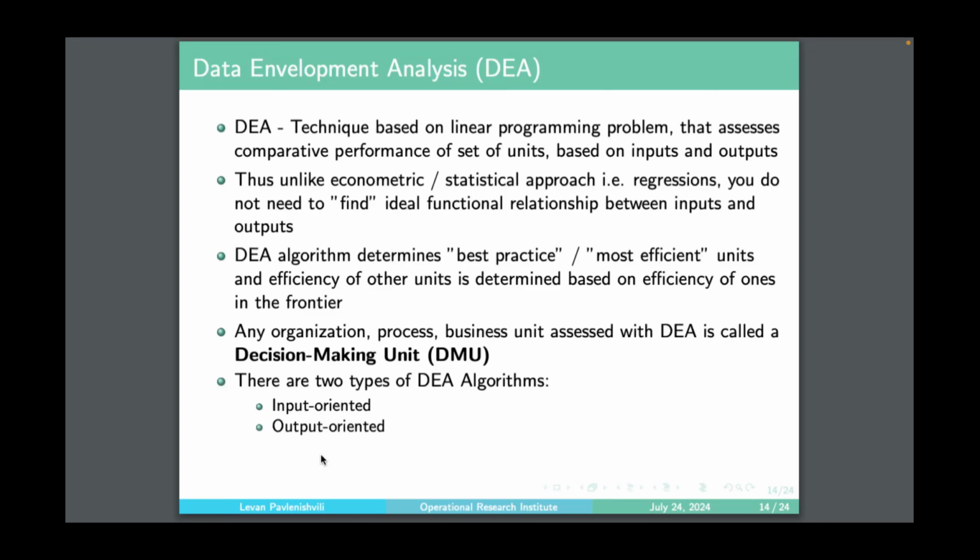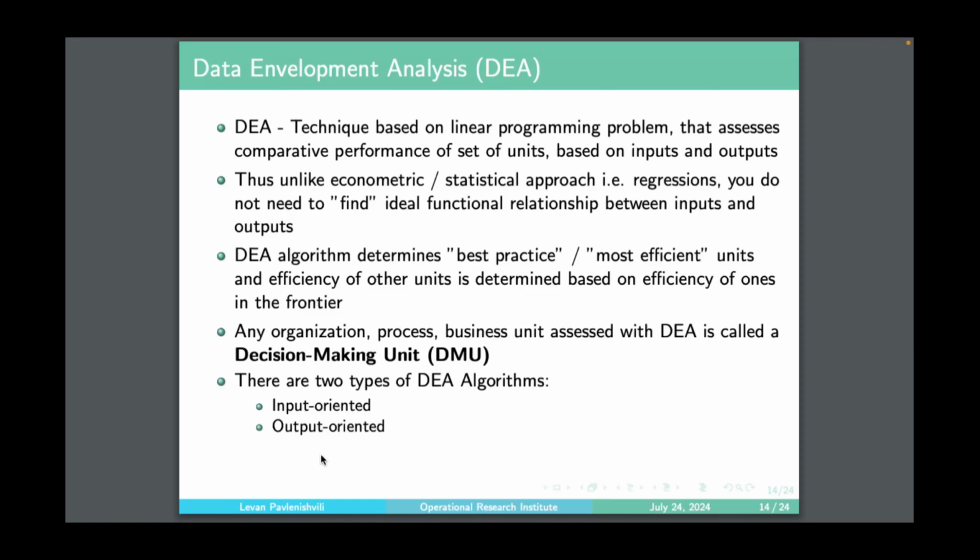The DEA algorithm could be of two types, depending on which direction of efficiency I'm interested in, whether input efficiency or output efficiency. That would be an input-oriented model or an output-oriented model. So the DEA algorithm looks like this.